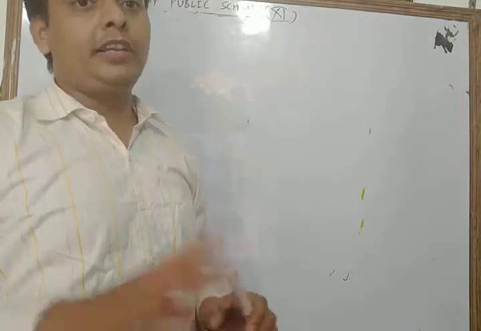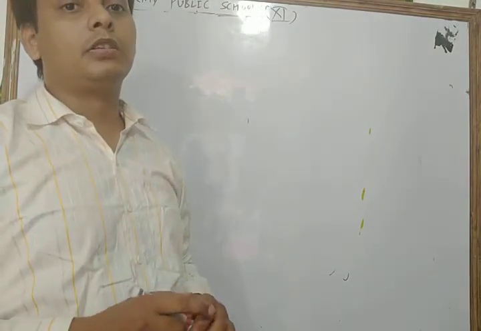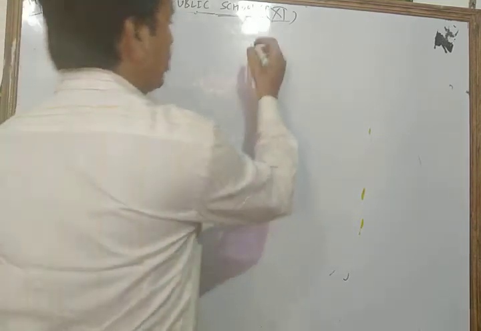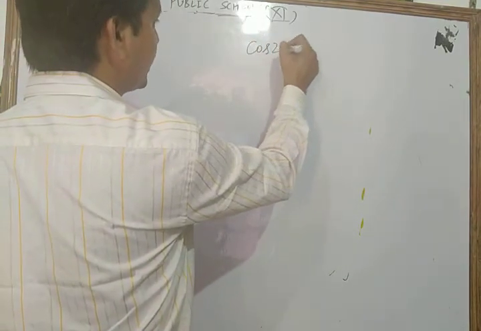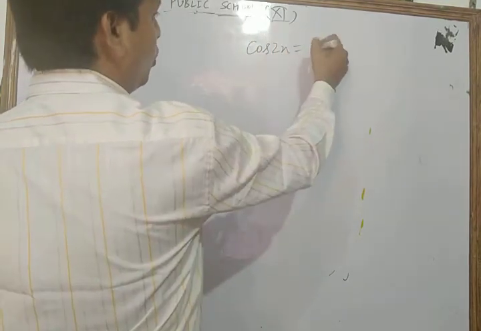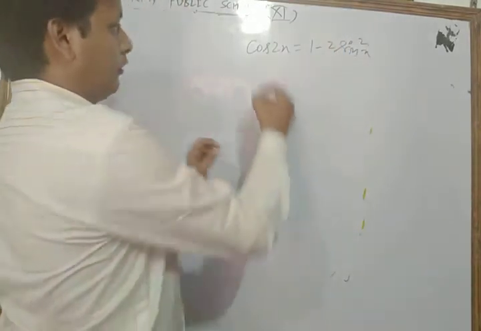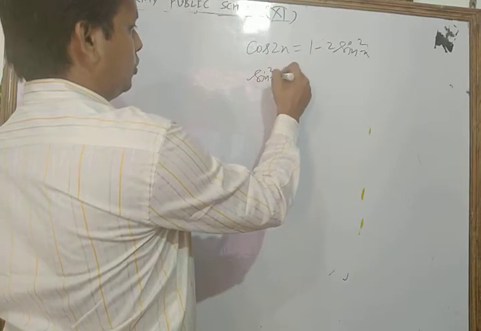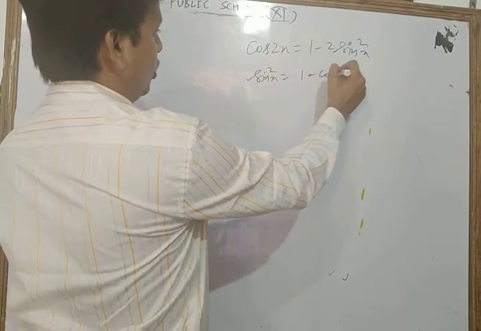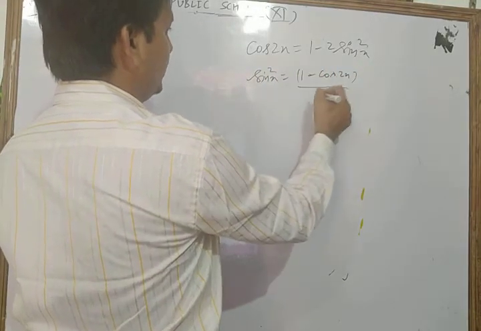Okay, let's see. In that question, we use the identity of cos 2x, because we know that cos 2x is equal to 1 minus 2 sin square x. So the value of sin square x is equal to 1 minus cos 2x by 2.